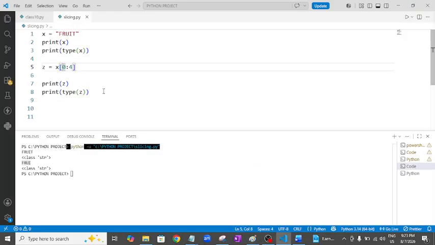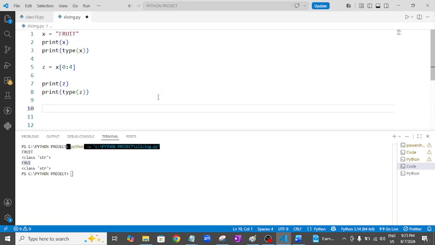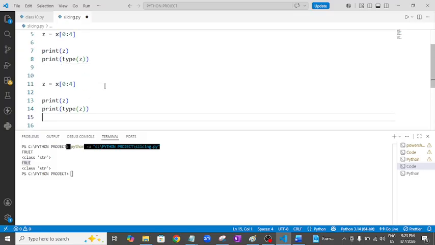Let me design it like this. I don't want to take the first character. It is going a bit lengthy, sorry.